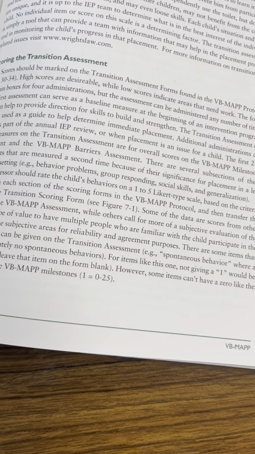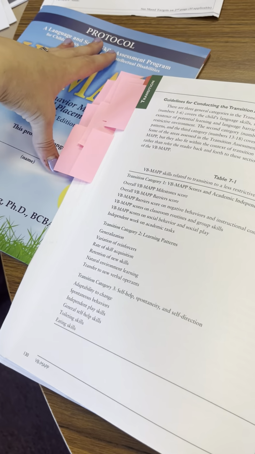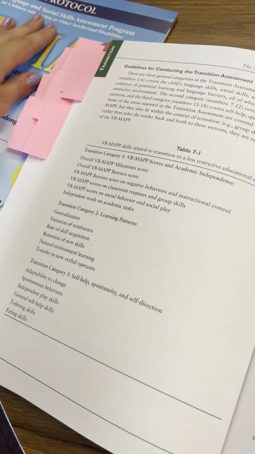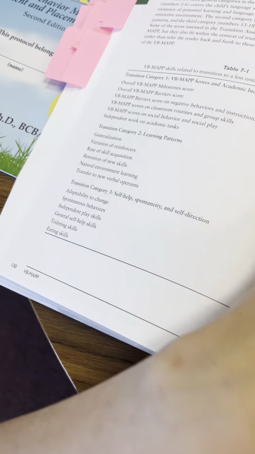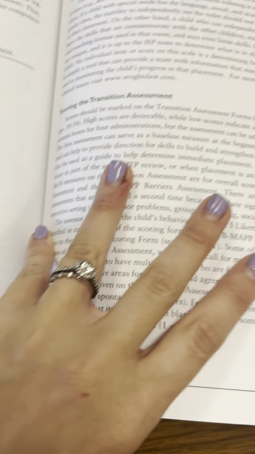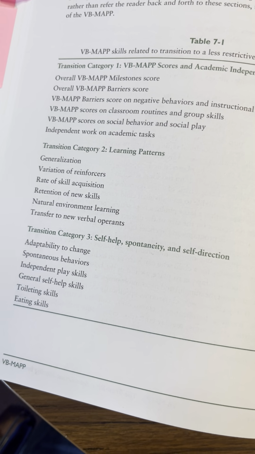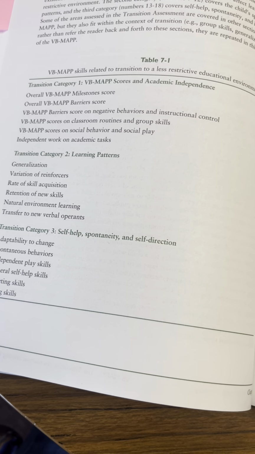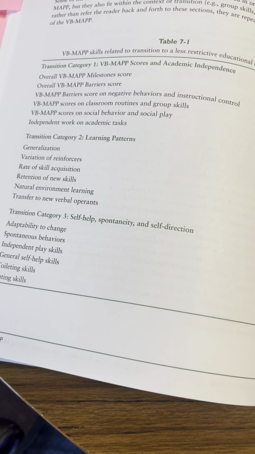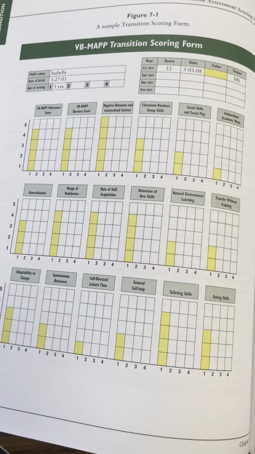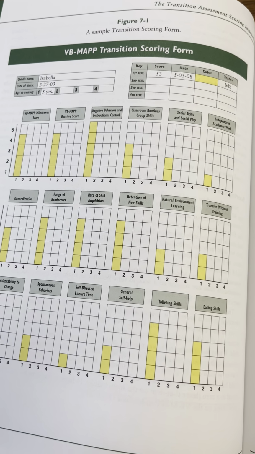In the same way that there is a VB-MAPP listed in the protocol book, there's also a section for transitions, which I'll show you in just a moment. Here are the different categories that the transition section is broken down into. And then here's an example of what the scoring form looks like as well.